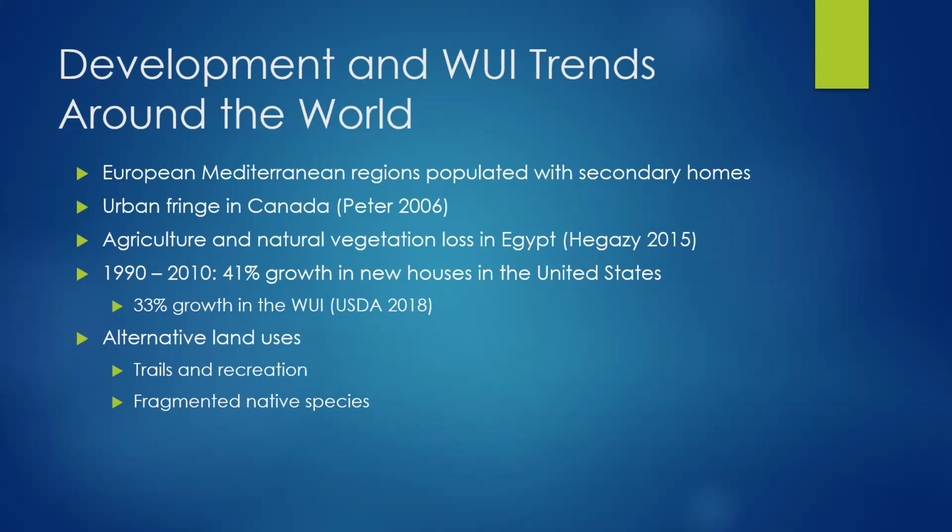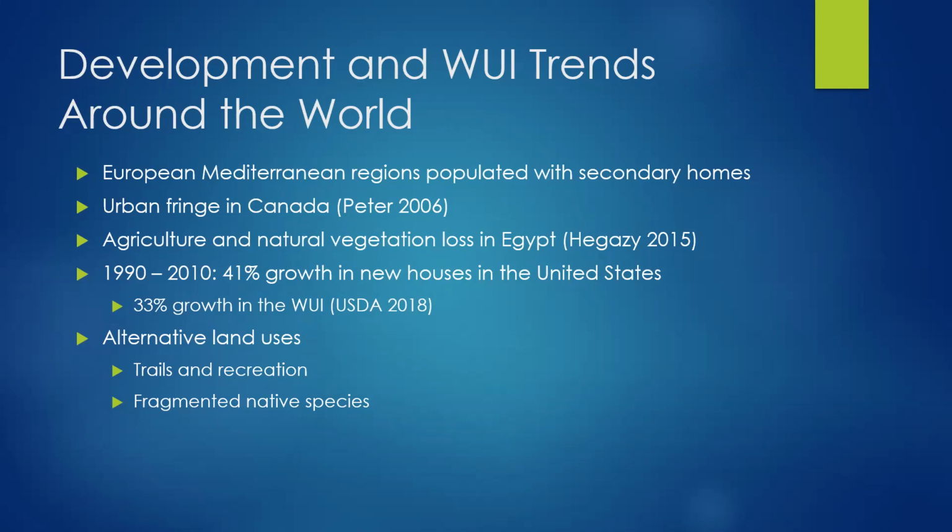And of course, these homes aren't going to be in large cities or towns, so they're going to be more towards dense forests. In Canada, there's a phenomenon called urban fringe, where communities of about 1,000 or more are popping up, and it's leading Canada to become more and more urbanized.